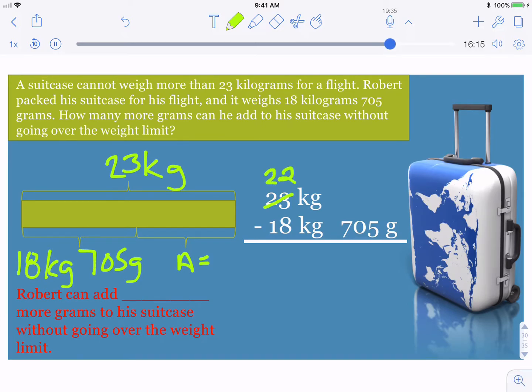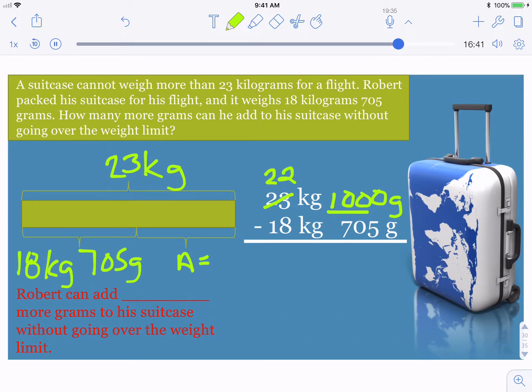That makes it 22. And now I've just borrowed 1,000 grams. What's 0 minus 5? We can't do it. So we're going to look at the neighbor. Nope, can't do it. 0, 0, 0. So if I look at the neighbor that I had to borrow from, all those numbers together equal 100.